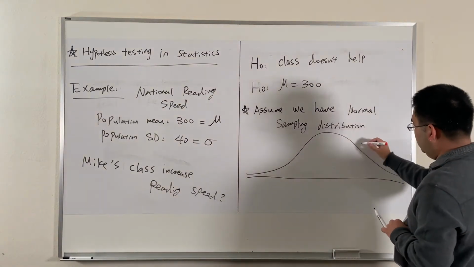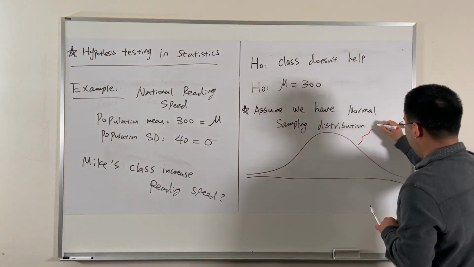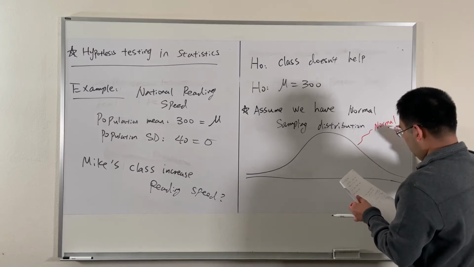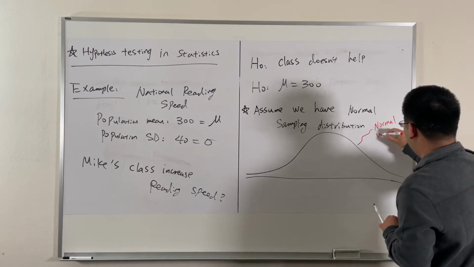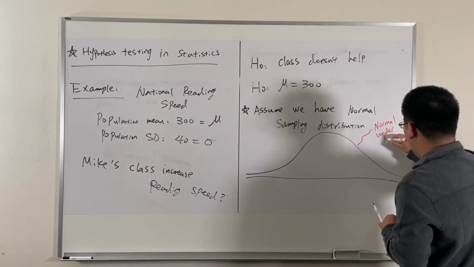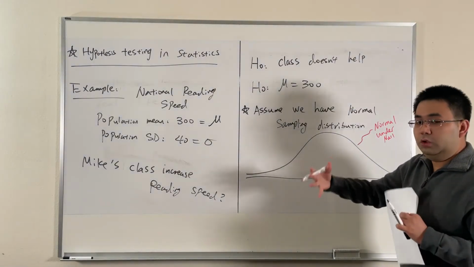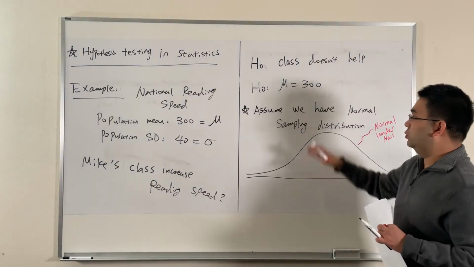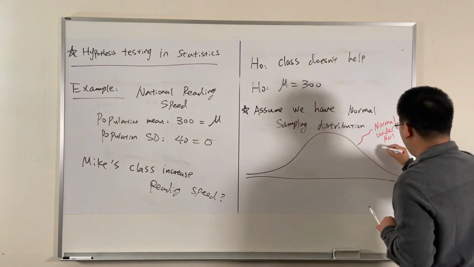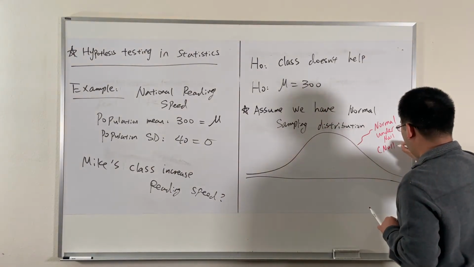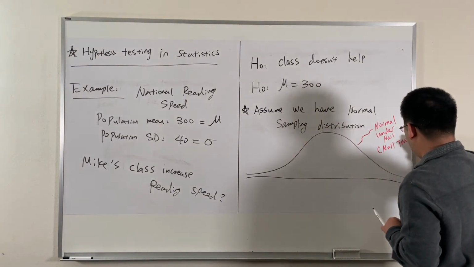So this distribution here assumes that this is normal under the null, which means that this distribution assumes that the null hypothesis is true, right? So this assumes that your null is true.